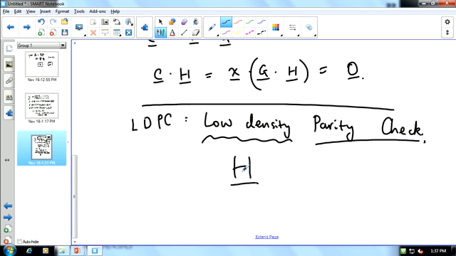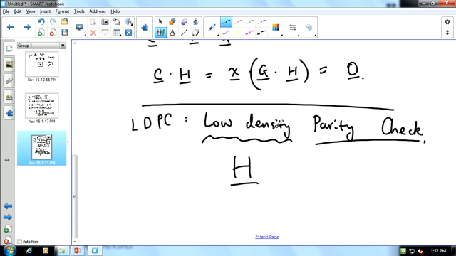Okay? So let's say the size of the matrix is a very commonly used number, for example, the code word length is 5,192. Okay? So for a code word that long, if you check every row and every column, there might be just 2 or 3 ones. Okay? The majority of them are going to be zeros. That's what low density means.